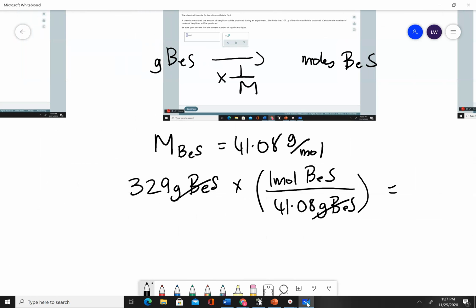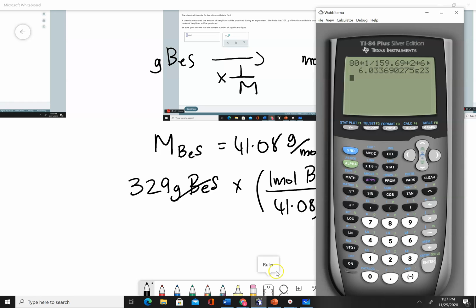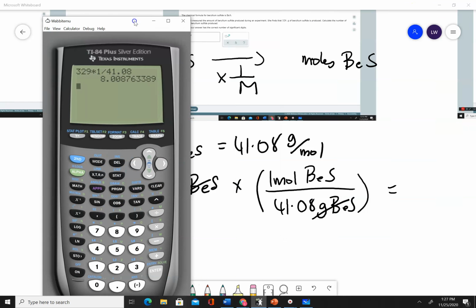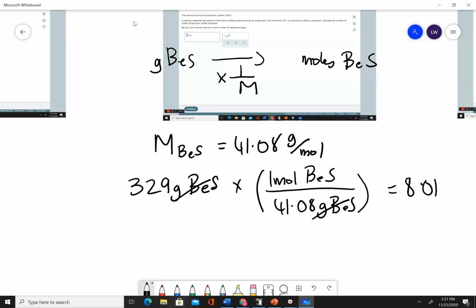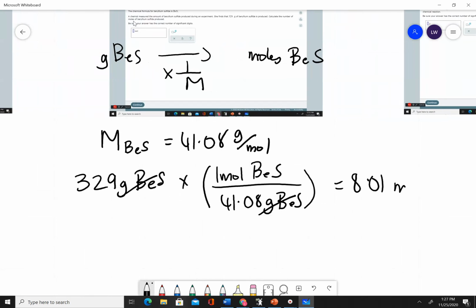So you can just go ahead and do that. All right, 329 times 1 on 41.08. We want this to be given to 3 significant figures, so that's going to be 8.01 moles. There we are.